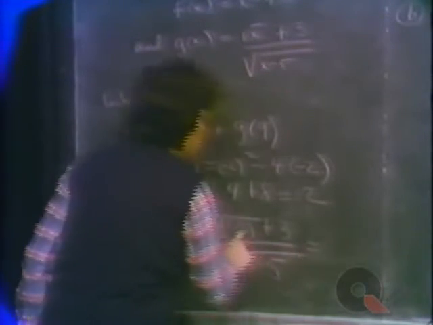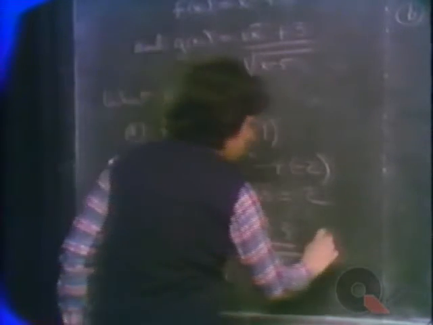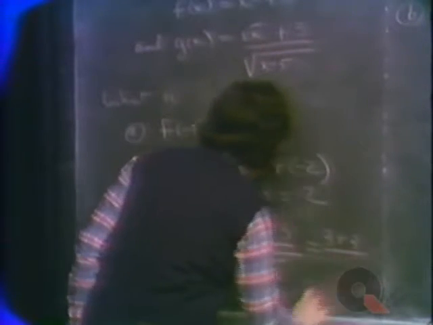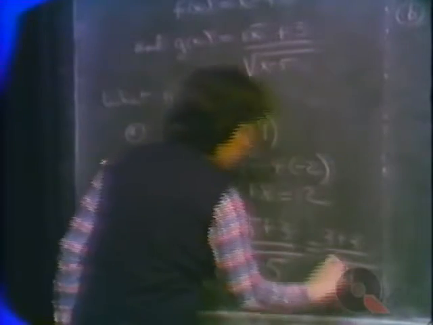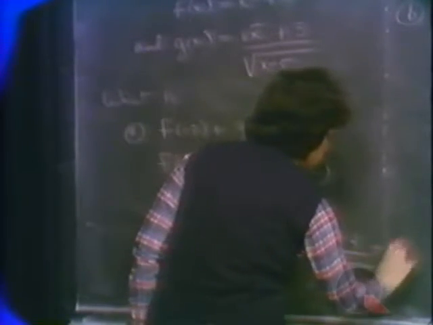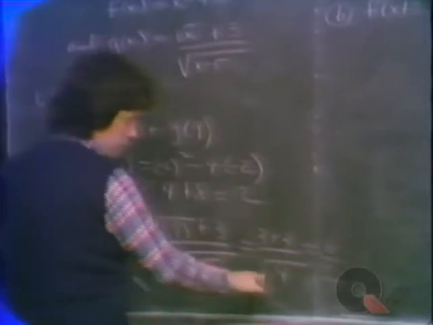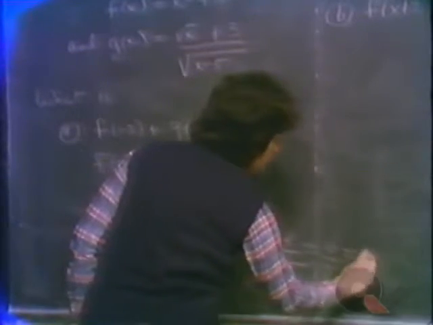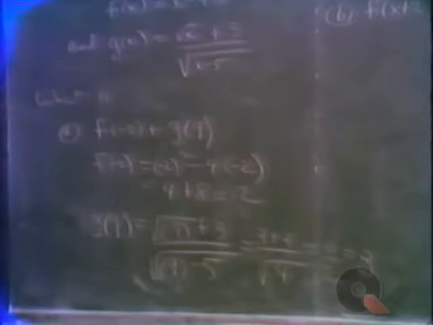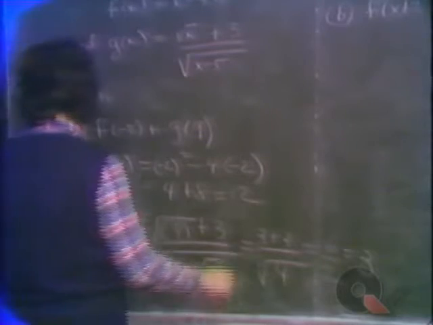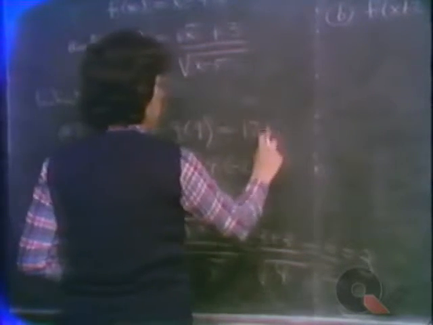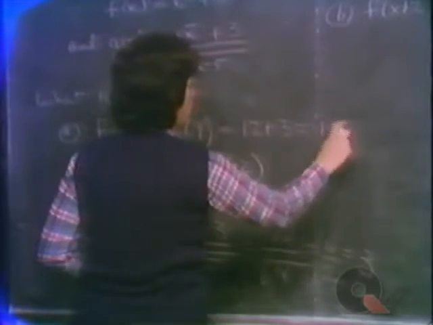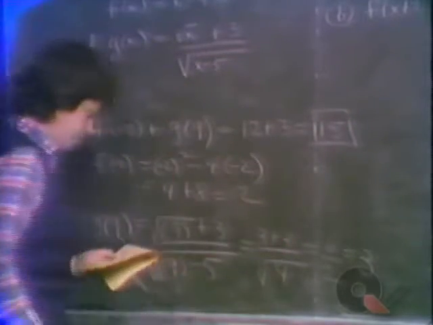And we have the square root of 9, which is 3, so 3 plus 3 over the square root of 9 minus 5, over the square root of 4. That gives us 6 over 2. That's the positive square root of 4, which is 2, and that gives us 3. So for f of minus 2 plus g of 9, we have 12 plus 3 for a final answer of 15.